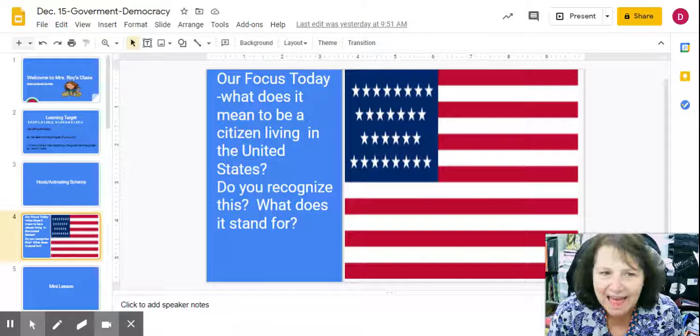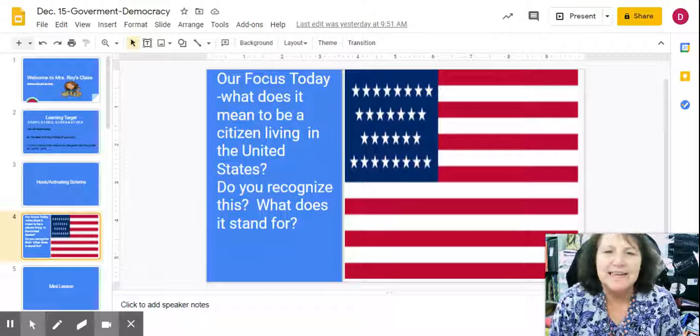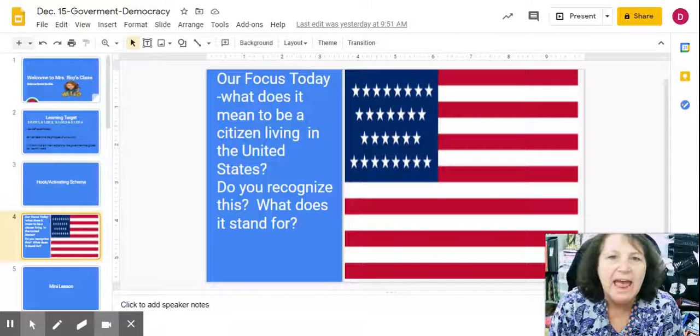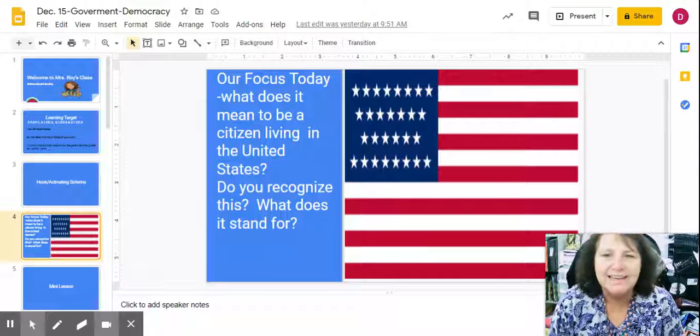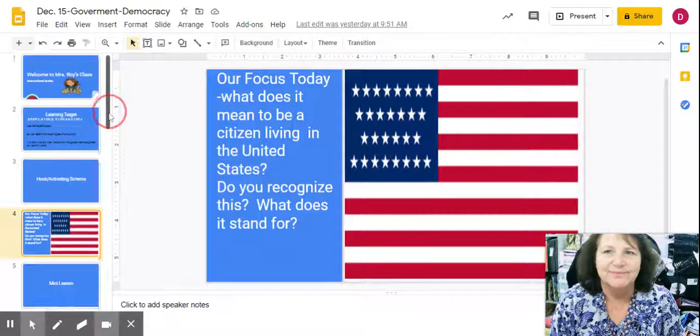It's a flag. It's a United States flag. And what do you think it stands for?